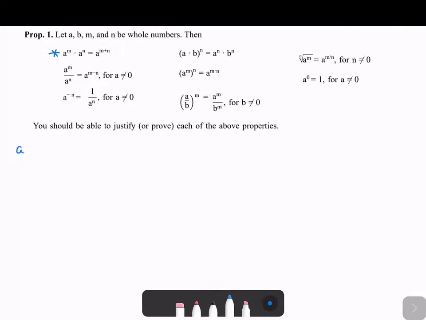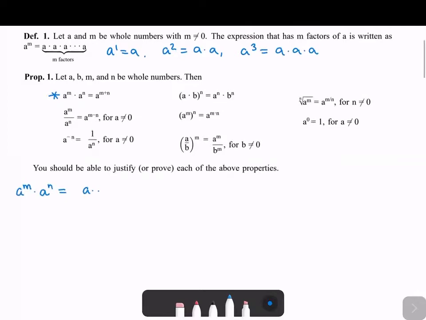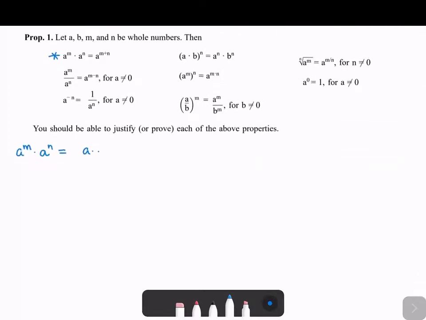So a to the m times a to the n. Well, we know that a to the m is, let me see how we wrote this. Oh no, I erased the whole thing. A to the m times a to the n is a times a and so on. This is m factors, just based on the definition. So that's a to the m.